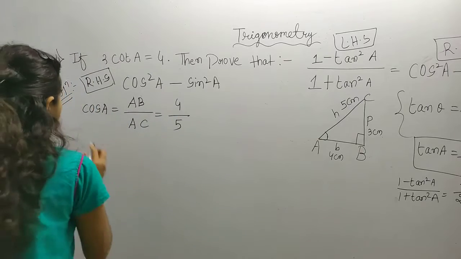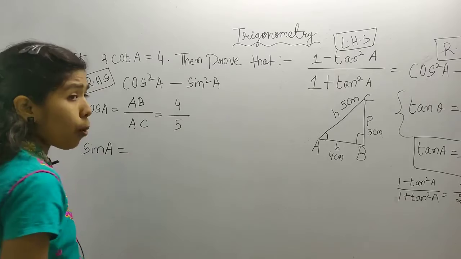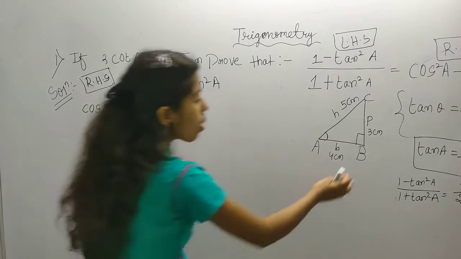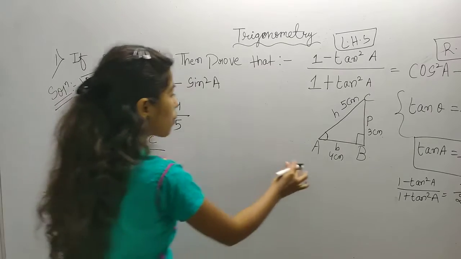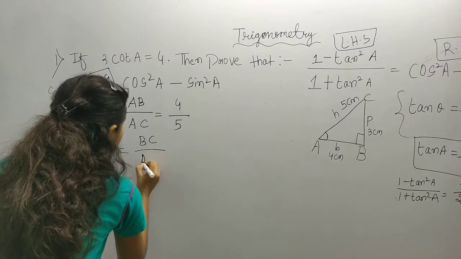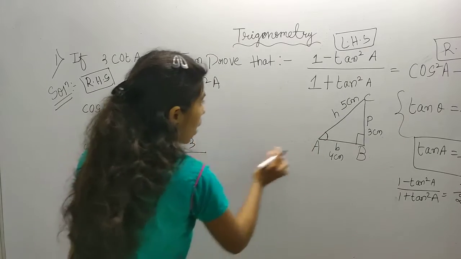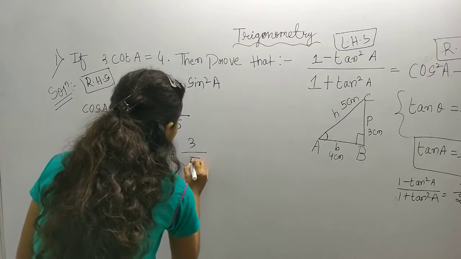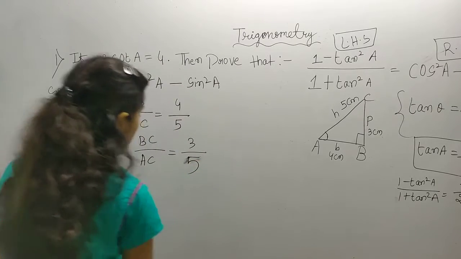So 4 by 5. Next, sin A. Sin A formula is perpendicular by hypotenuse. Perpendicular is BC, hypotenuse is AC, equals to perpendicular is 3 by hypotenuse is 5. So 3 by 5.